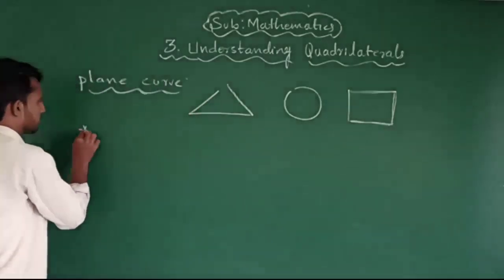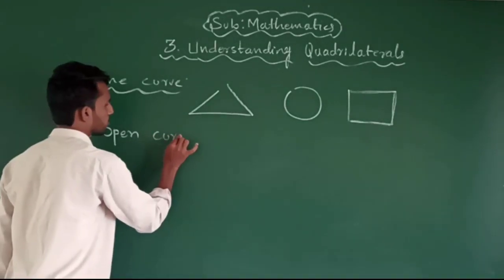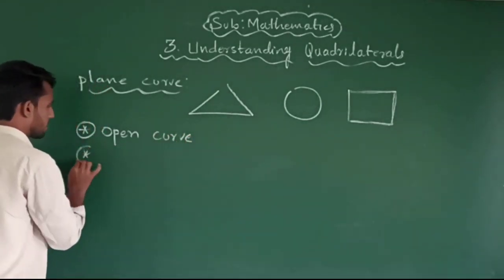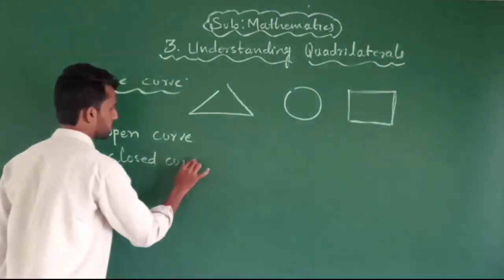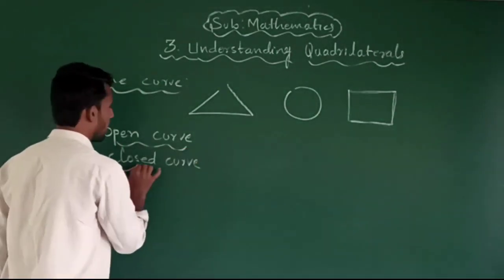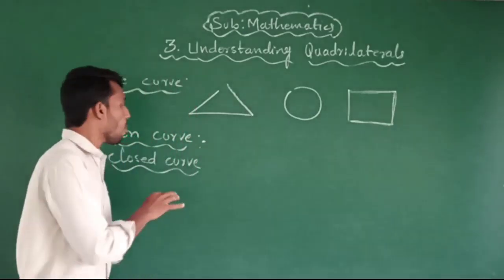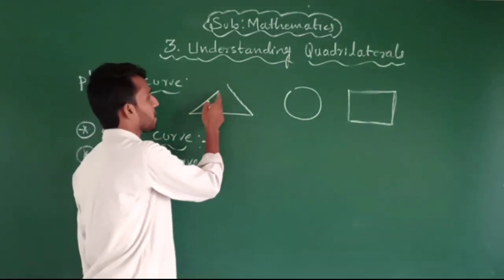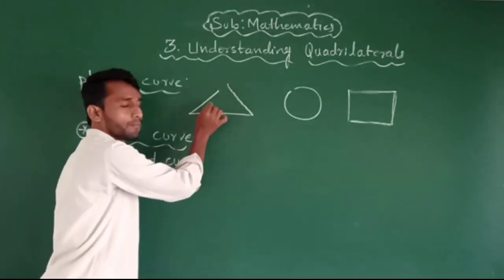See here, open curve and second one is closed curve. Dear friend, which curve is open on one side? For example, see here, this is a curve, but here it is open.